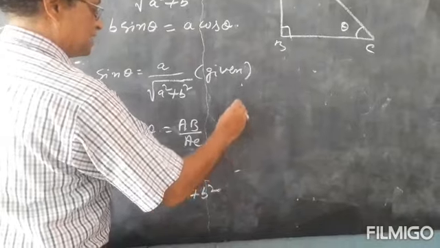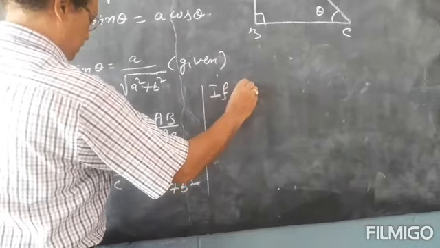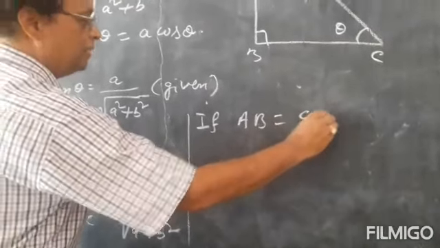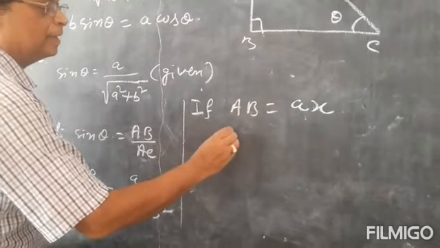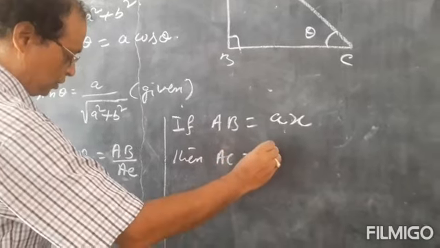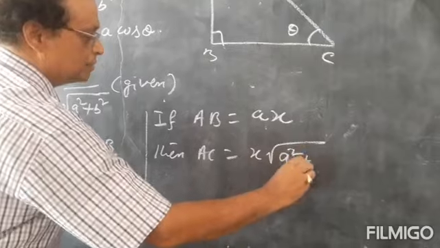Now, let us take if AB is equal to AX, then AC is equal to X into root over A square plus B square.